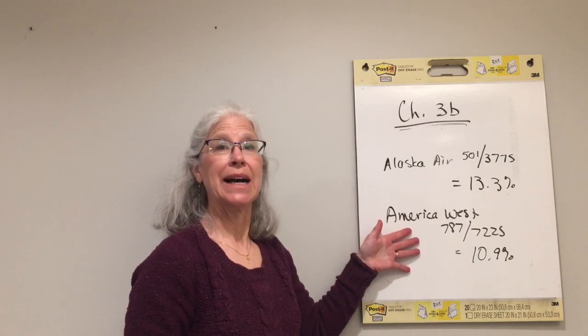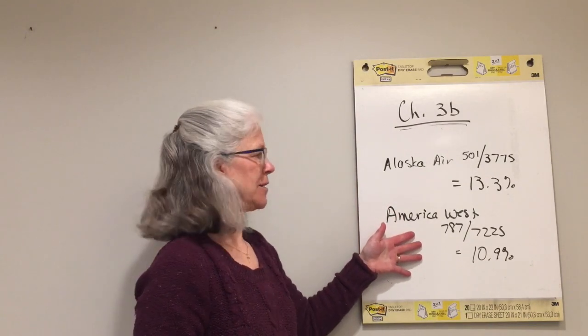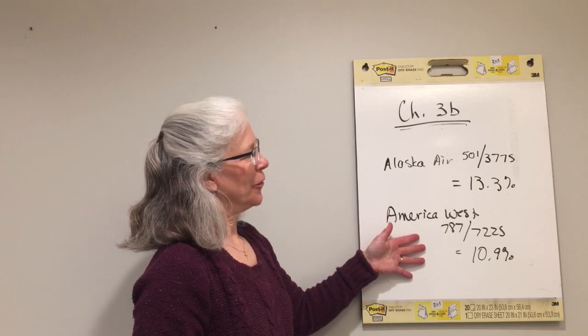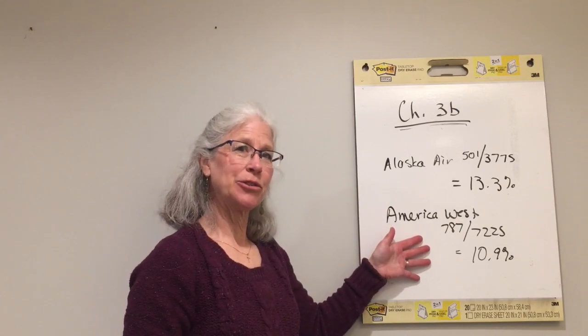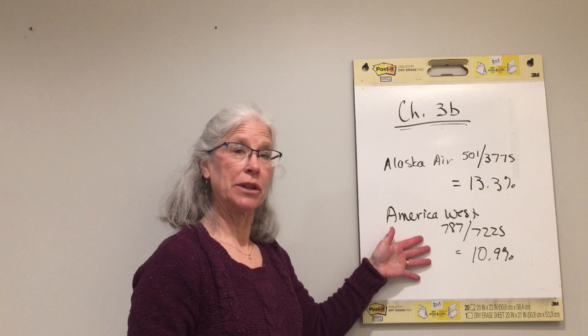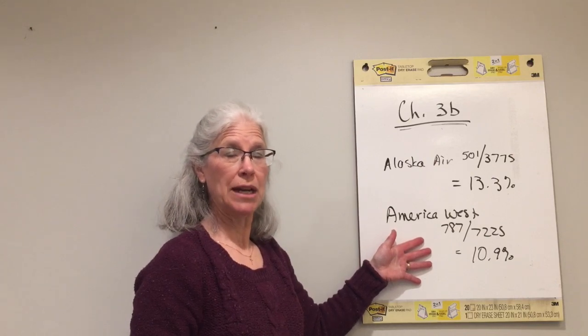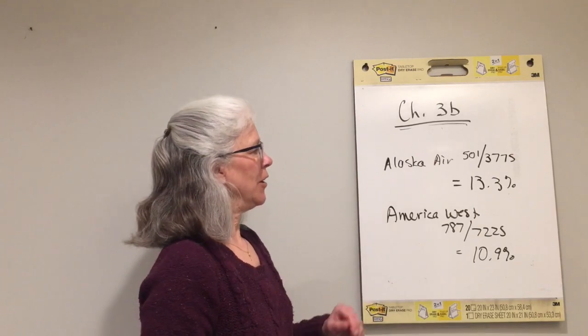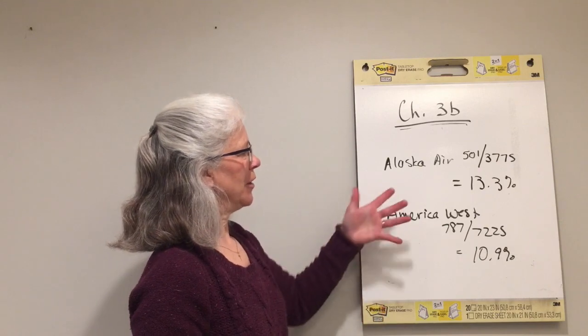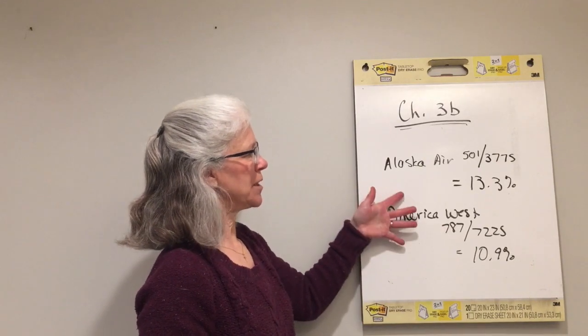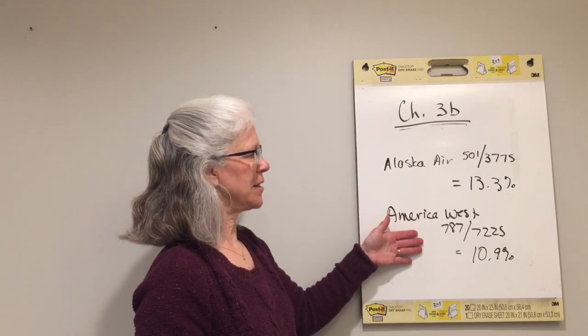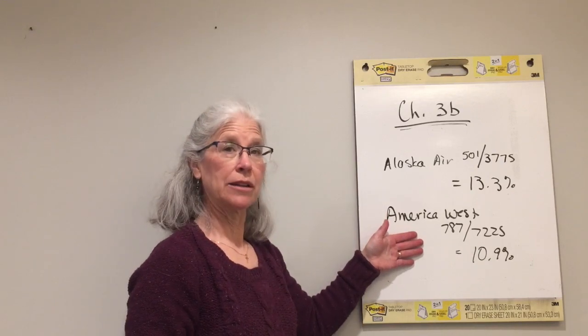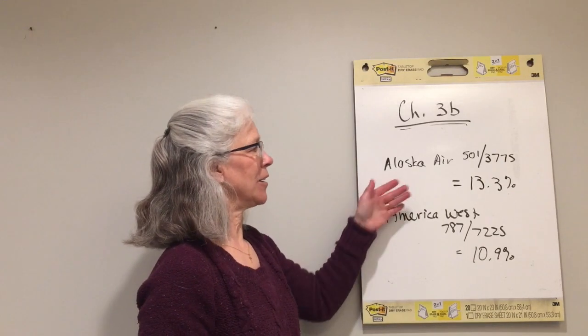You're more likely to be on time if you fly America West. Well, Simpson's paradox says you should always think about lurking variables, that the relationship may not be as simple as you thought. So in this particular case, what appeared to be a simple relationship was that you'd want to fly America West because they're more likely to be on time than Alaska Air.